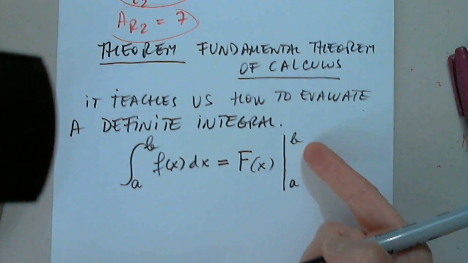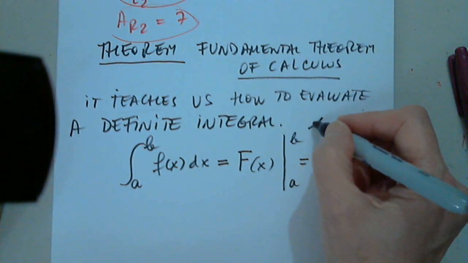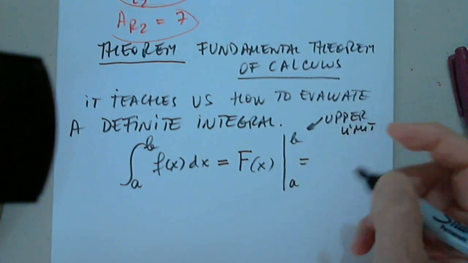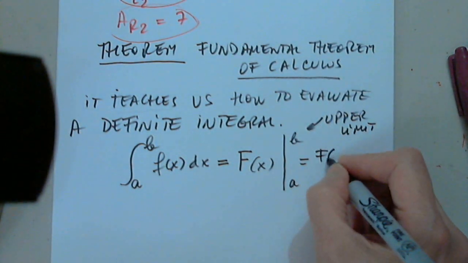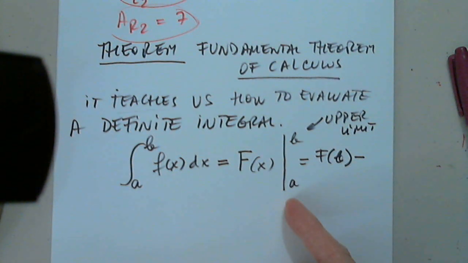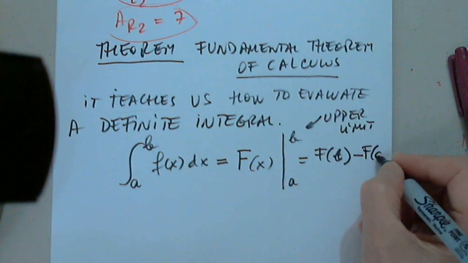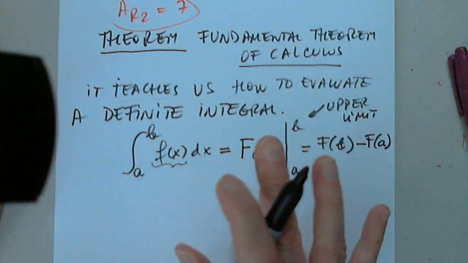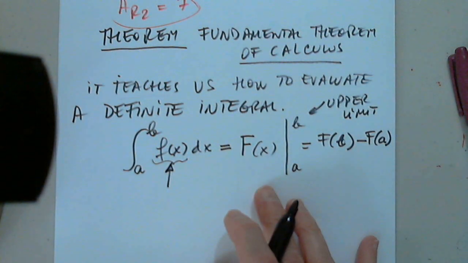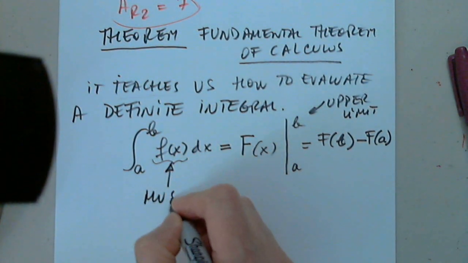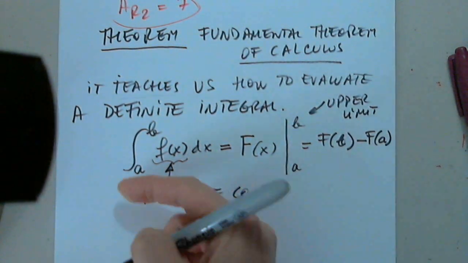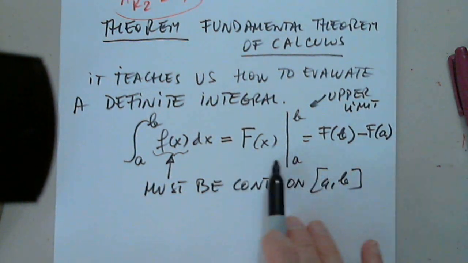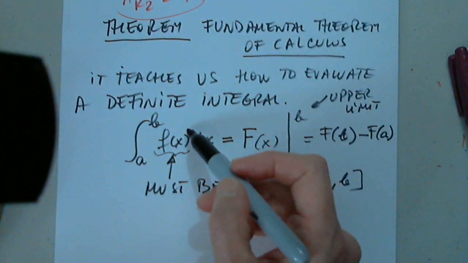But how do I do this? First, I plug in the upper limit. There's nothing to do with the limit operator. Upper number, f of b minus the lower number, f of a. Now, we have to make a very important remark here. This function must be continuous on a, b. Otherwise, we cannot do this. This is not applicable if this function is not continuous.